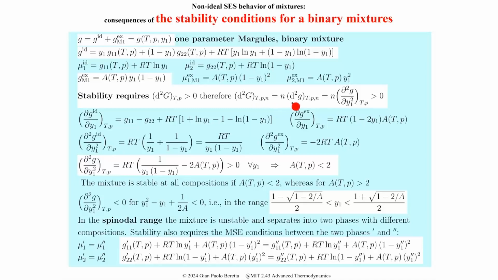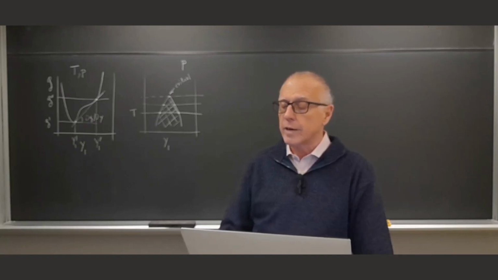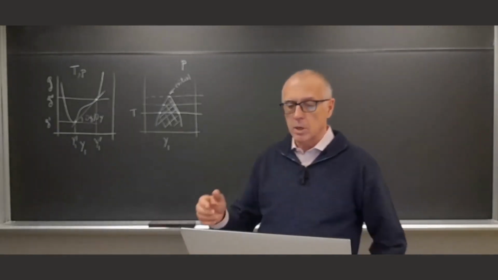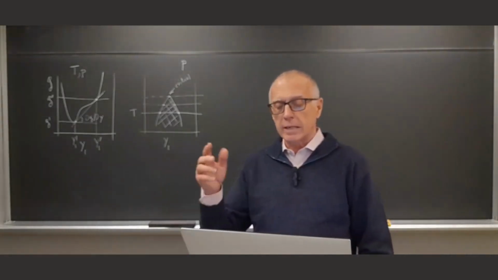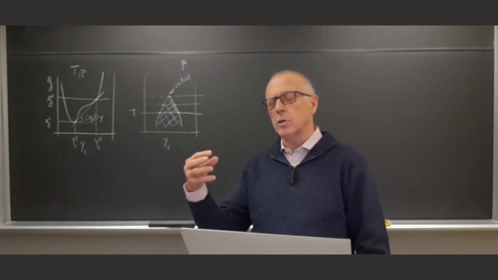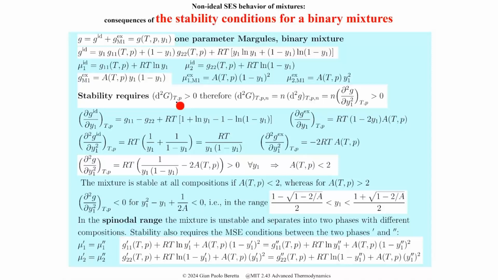So if I keep also n constant, among the various possibilities of changing the composition, I'm taking the simplest, so I keep constant the total amount and just change the relative composition. So I just change the mole fraction of component 1.